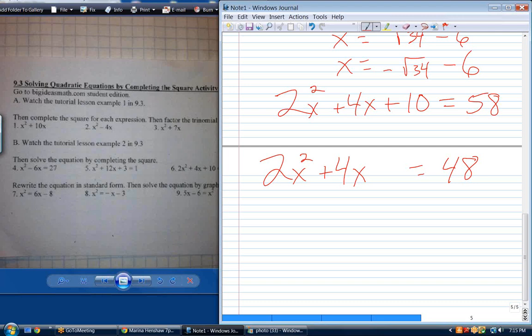Add 4 to both sides. Not quite, because you cannot complete the square as long as this coefficient is not 1. Right now it's 2. So we have to turn it into a 1, and I do that by factoring out a 2 from the left side of the equation.